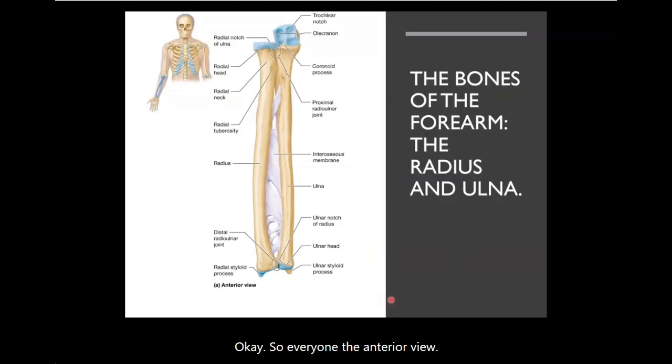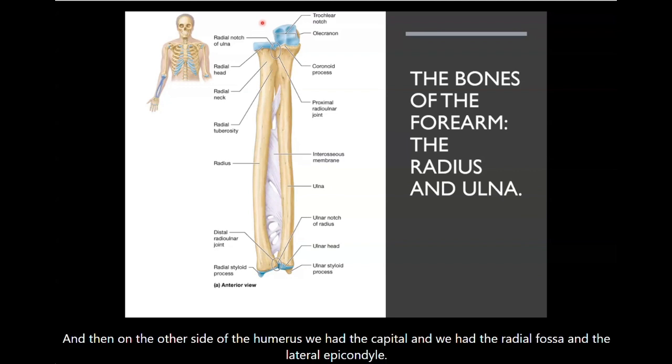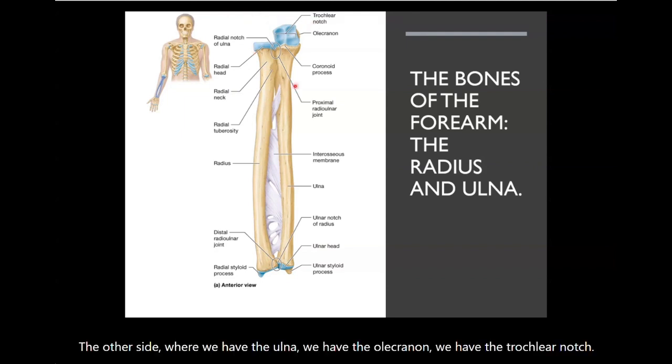So everyone, the anterior view, so remember this is the radial head, the capitulum sits on it. And then on the other side of the humerus, we had the capitulum, we had the radial fossa and the lateral epicondyle. The other side where we have the ulna, we have the olecranon, we have the trochlear notch.